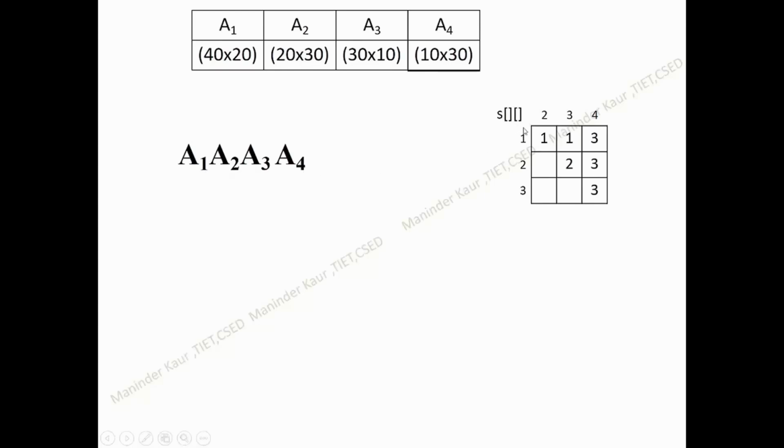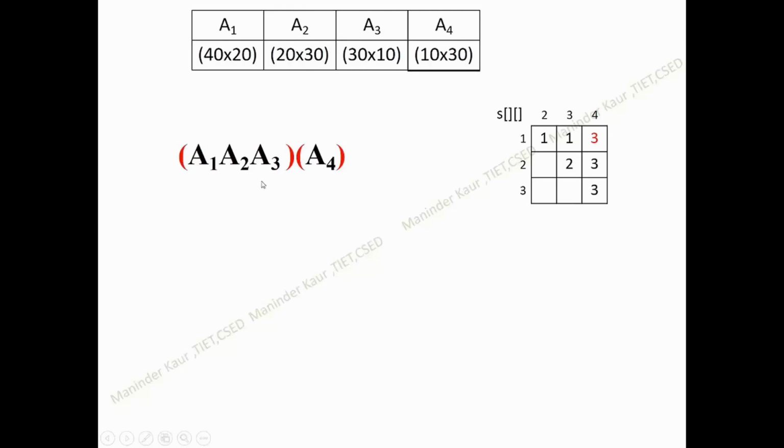What is the entry in S1 to 4? That value is 3. This value 3 says that after the matrix with index 3 we have to do the splitting like this.